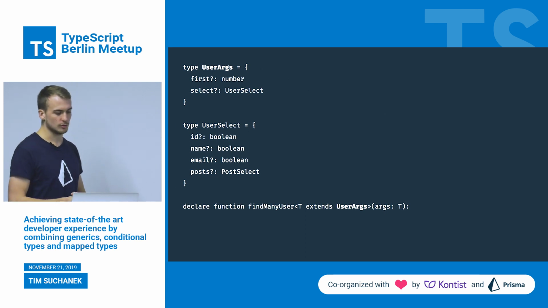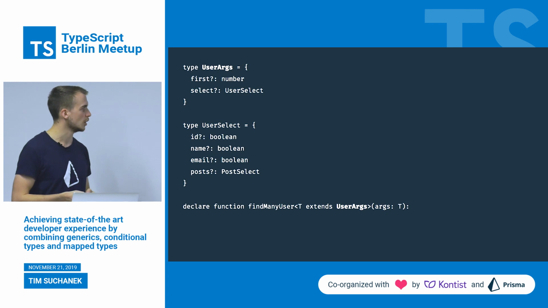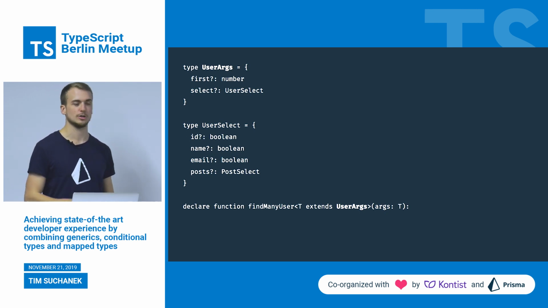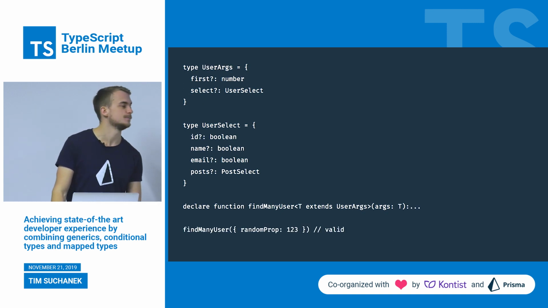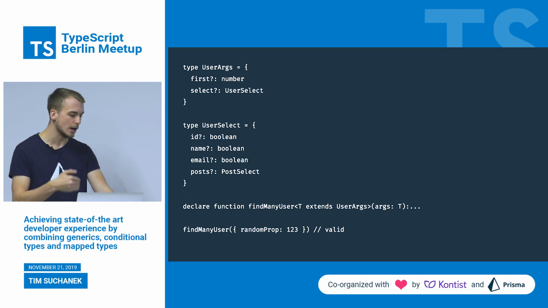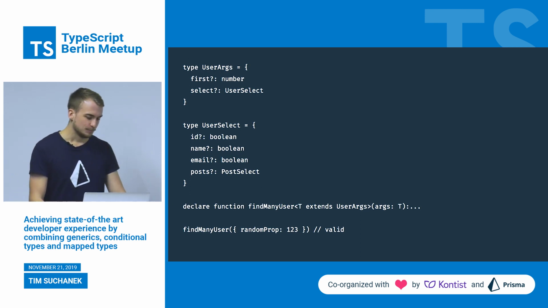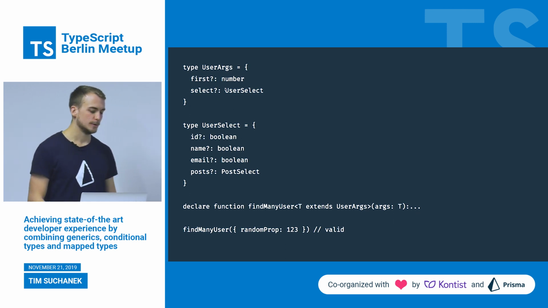So now we just thought about it. Okay, we're implementing this API. We add this T extends UserArgs, and we think we're done with our job. We can move on to the return type of the function. It's not that simple. The problem is, if we are now thinking about hierarchy and inheritance, all properties of UserArgs are optional.